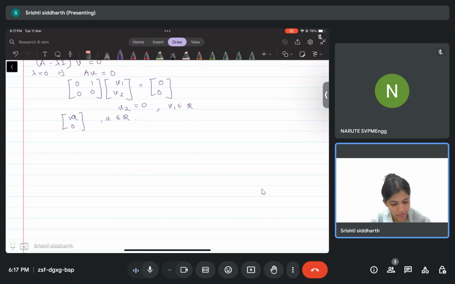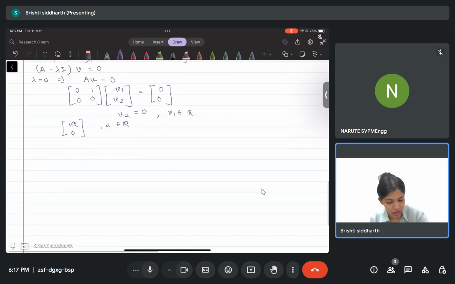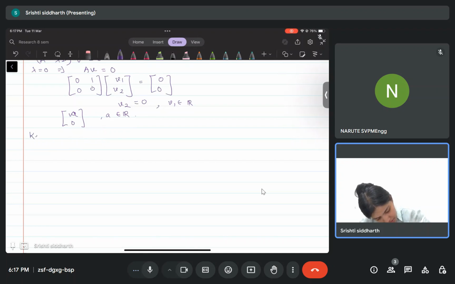Now let's see what kind of vectors lie in the kernel of C. So the kernel of C is all x such that Cx equals 0.